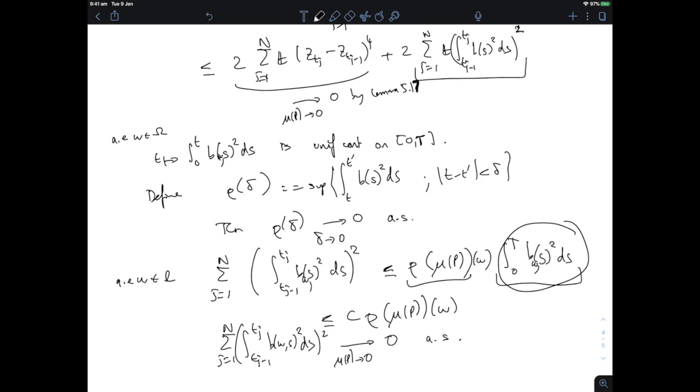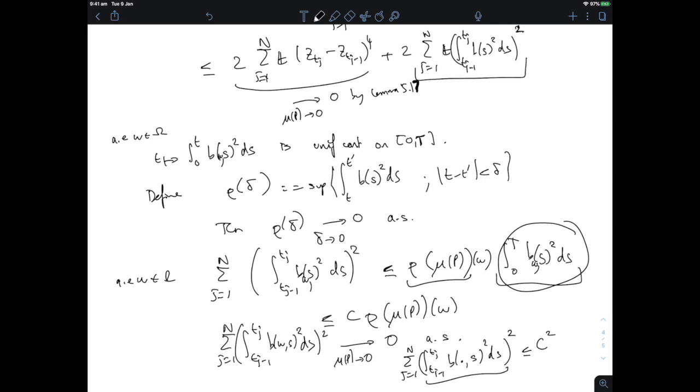This is happening almost surely, but in the meantime, I also have that the sum over j equals 1 and the integral from tj minus 1 to tj of b of dot s squared ds, and all of that squared, is certainly controlled by c squared, right? Because I can control any one of these by c almost surely, and then the entire sum can also be controlled by c.